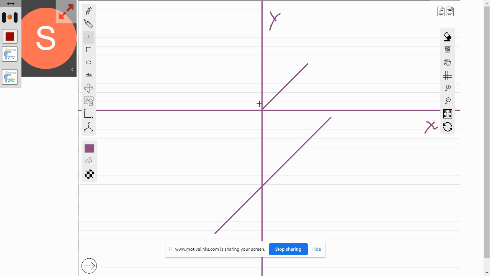Okay, so this line right here would not have a y-intercept of 0 because it intersects the y-axis right over here. Now let's count. 1, 2, 3, 4, 5, 6, 7, 8. So that's going to be -8. So the y-intercept is negative.